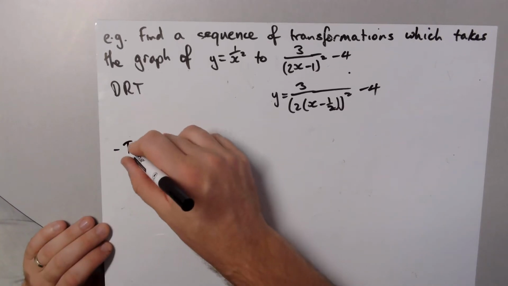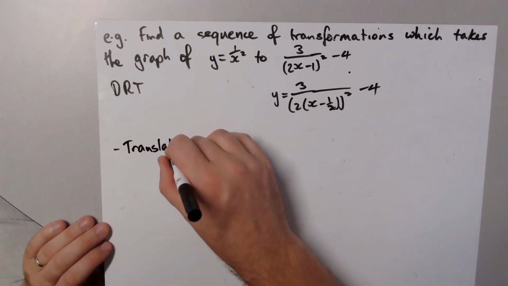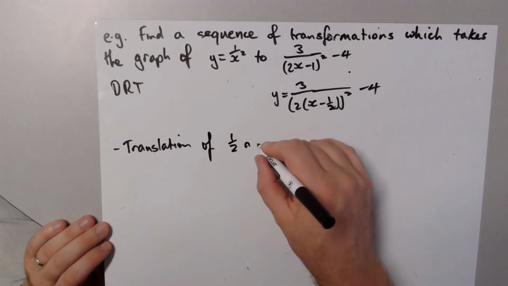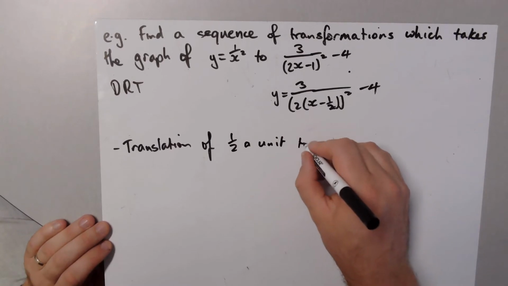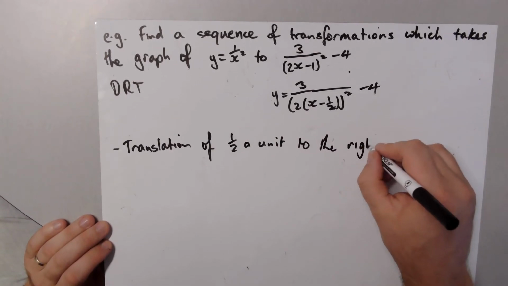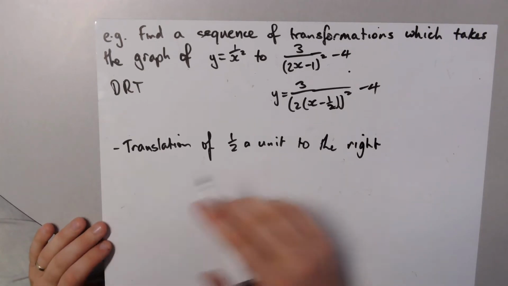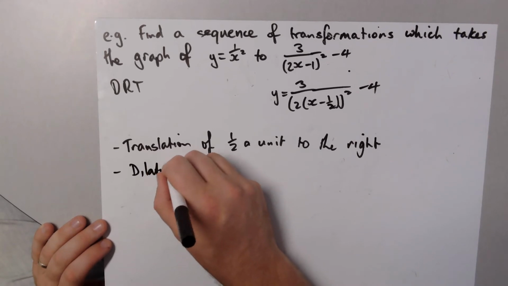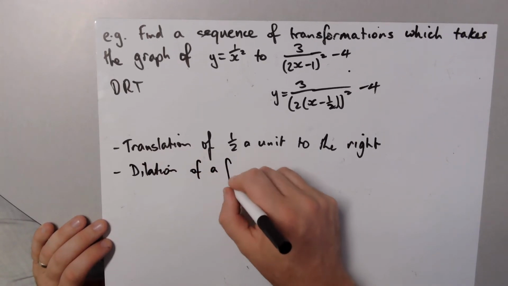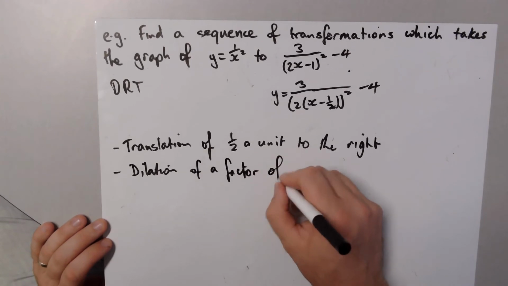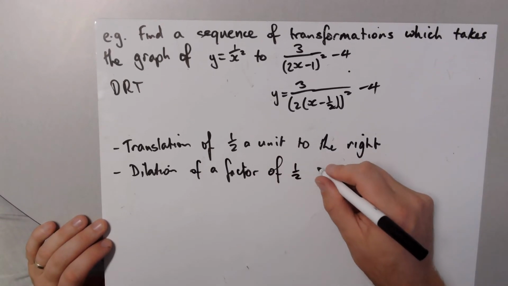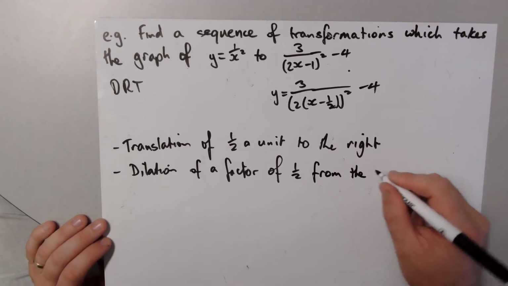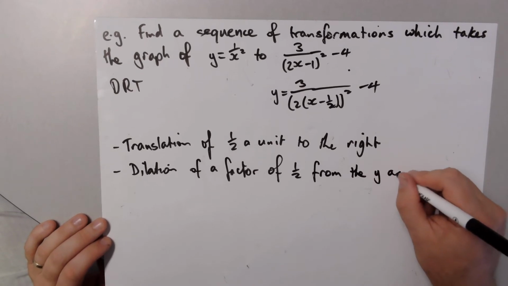So we've had a translation of half a unit to the right. We're taking care of that. We've also had a dilation of a factor of 1 on 2 from the y-axis.